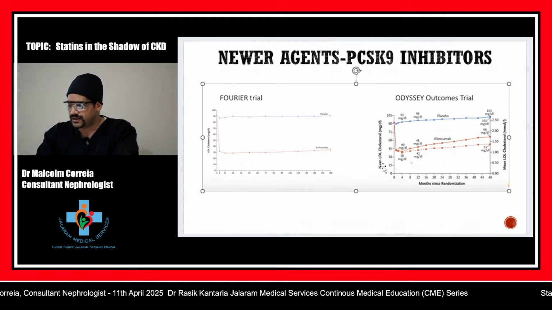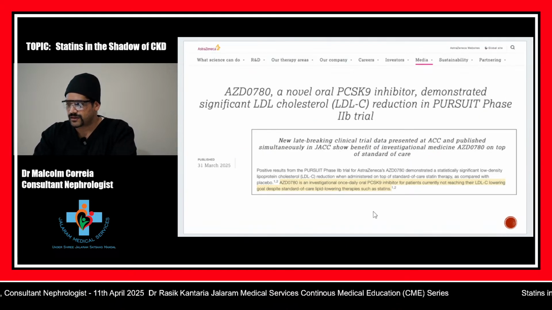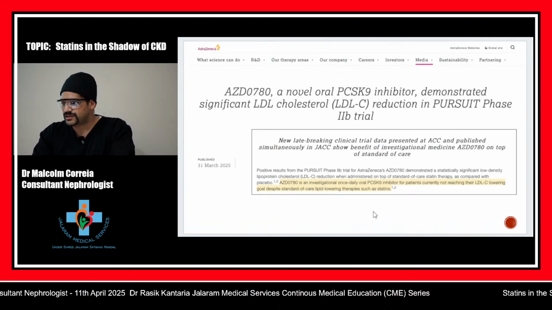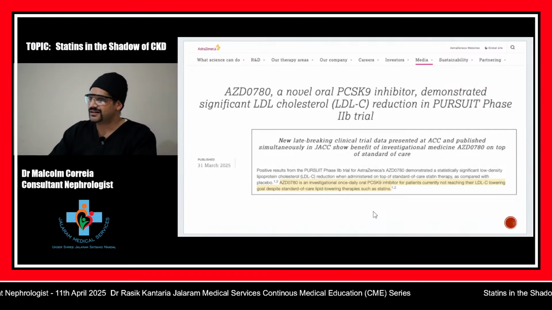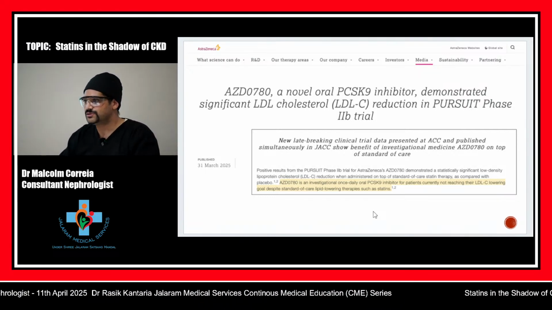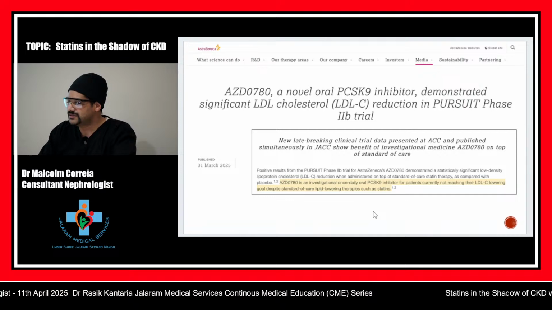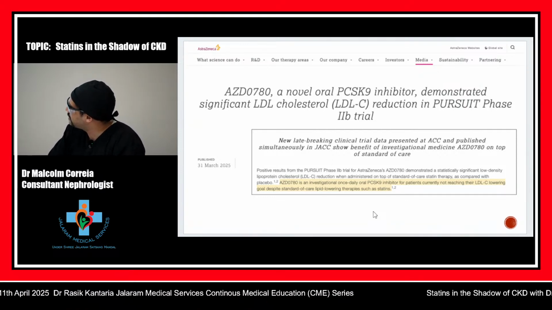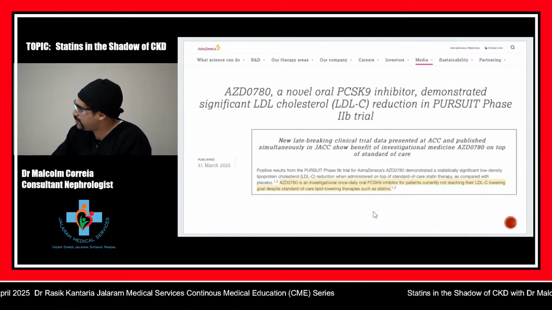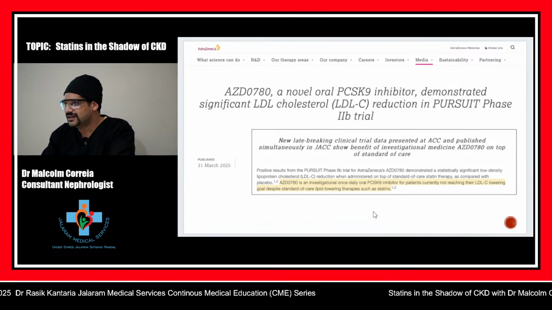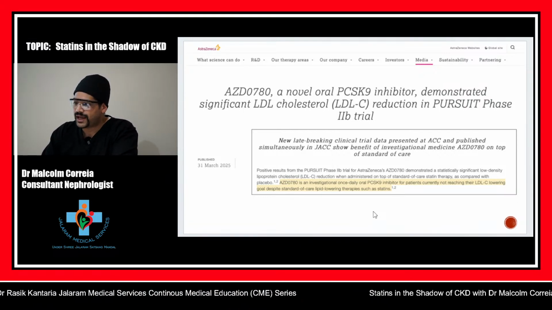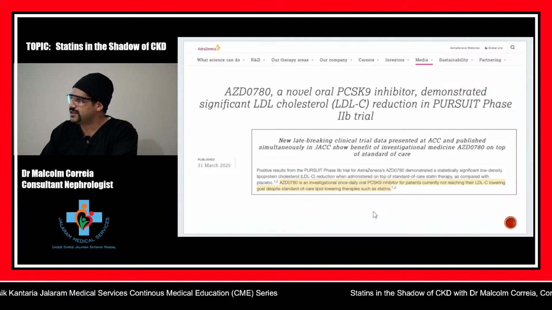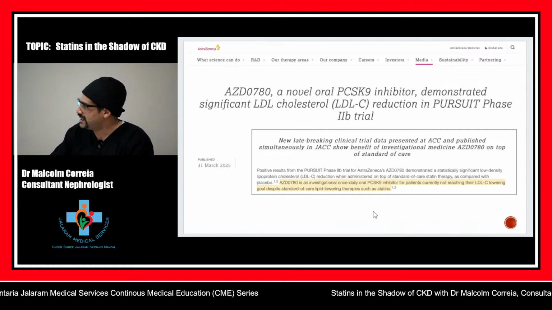When we look at the study which has been done, AstraZeneca, which is actually who's supporting us today, is at the forefront of this, giving us this new drug, AZD0780, which again is exciting. It was launched and published at the same time in the JACC, again 31st of March this year.